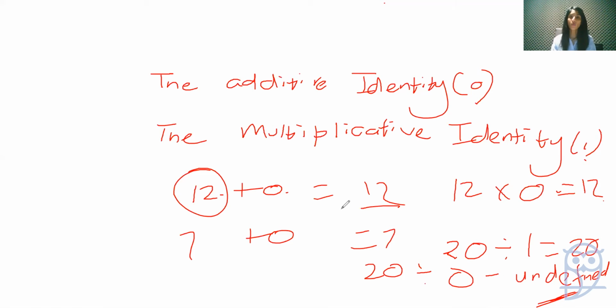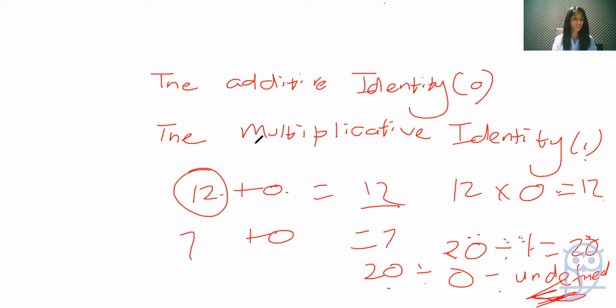You can't divide a number by 0; it is undefined. If we divide a number by the multiplicative identity, it will be the same number, like 20 divided by 1 is going to give me 20. So you can say undefined.